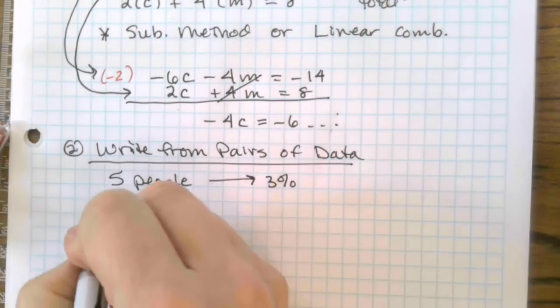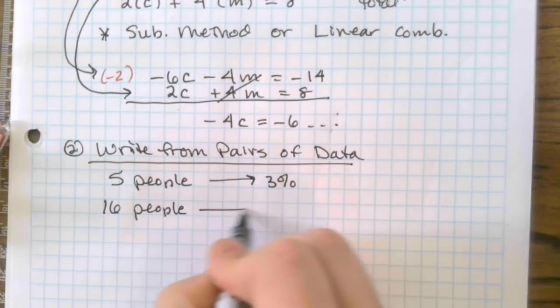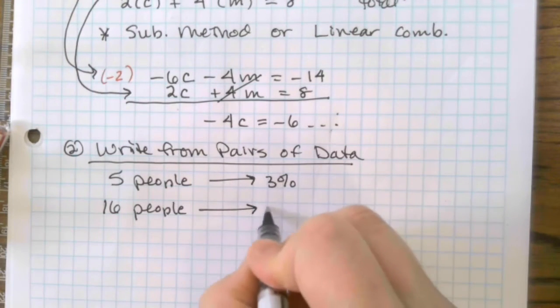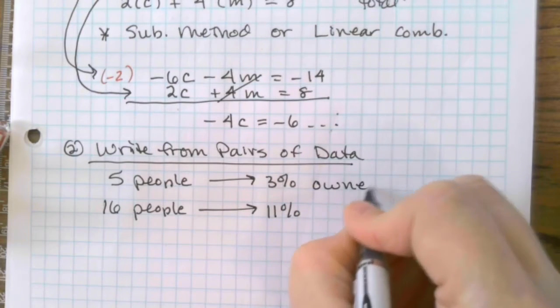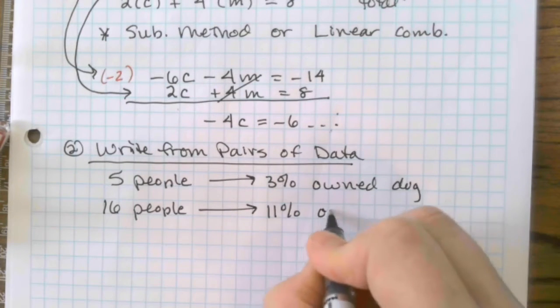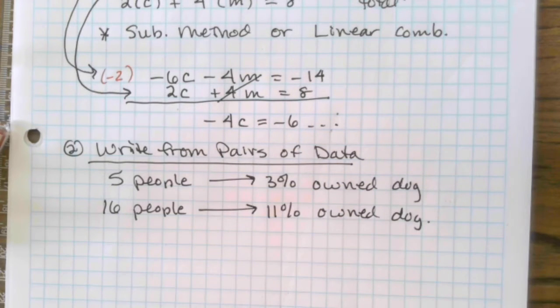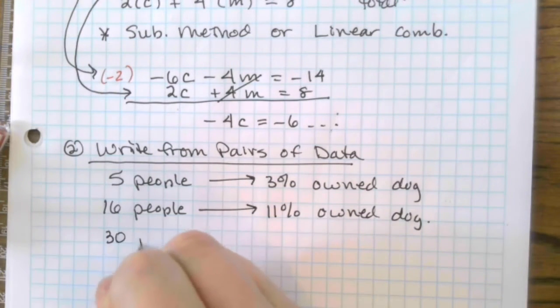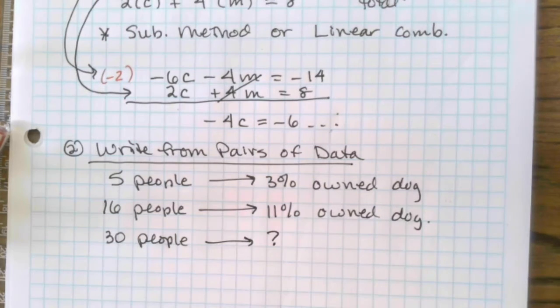And then if we surveyed 16 people, what percent own a dog? It ended up being like 11% owned a dog. And we want to know if there are 30 people, what is the percentage that would own a dog?